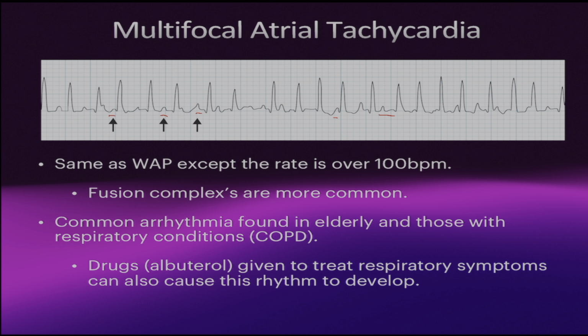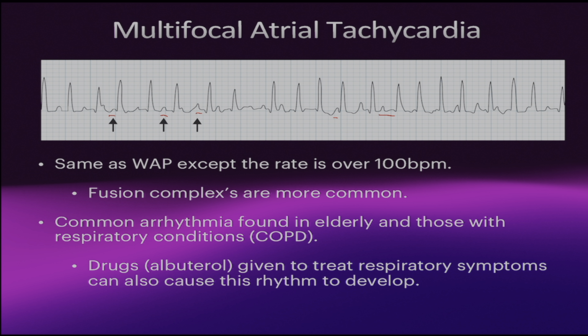This multifocal atrial tachycardia is commonly found in elderly patients and also those with respiratory conditions like COPD. Some of the drugs that we give, like albuterol, do have an effect on the heart. So albuterol is a sympathomimetic drug, so it can increase heart rate a little bit.